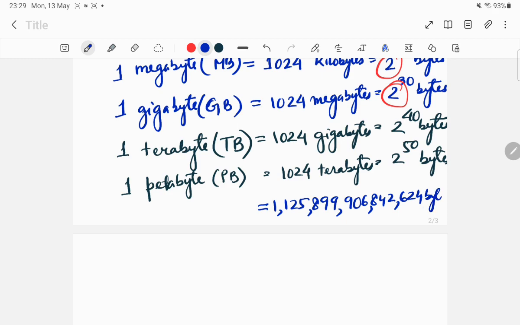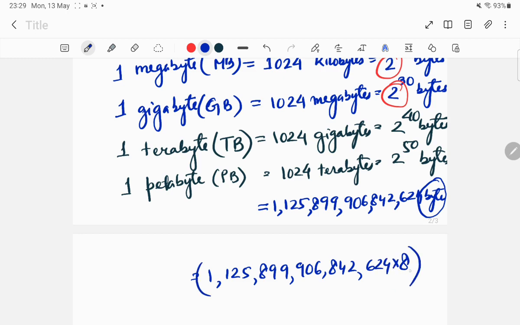If you want me to tell it in detail, this value is 1,125,899,906,842,624 bytes. Again, 1 byte is nothing but 8 bits. So if you multiply 1,125,899,906,842,624 by 8, then you have the number of bits.